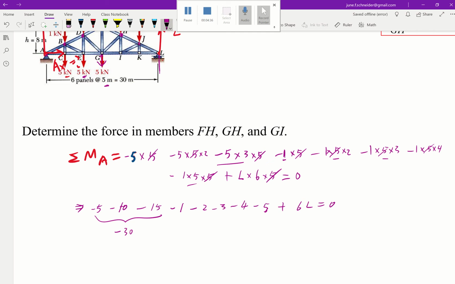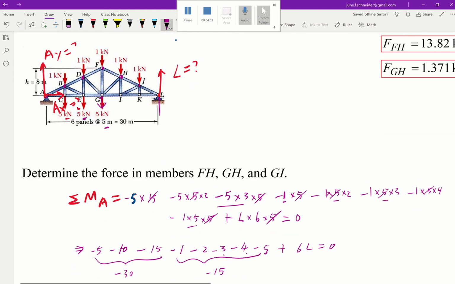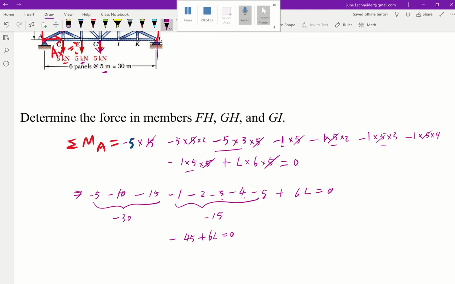Now let's see all those together. 3, 6, 10, -15. So we'll have -45 plus 6L equal to 0, right? Then we'll have our value for L. So I have 45 divided by 6.